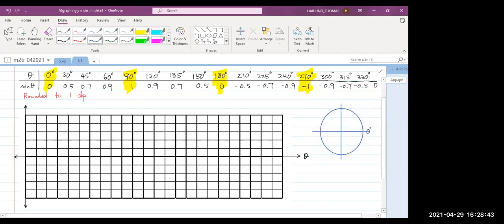So this is 0 degrees here, 90 degrees here, 180 degrees here, 270 degrees here.